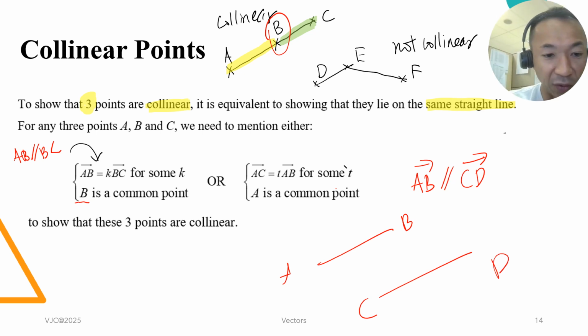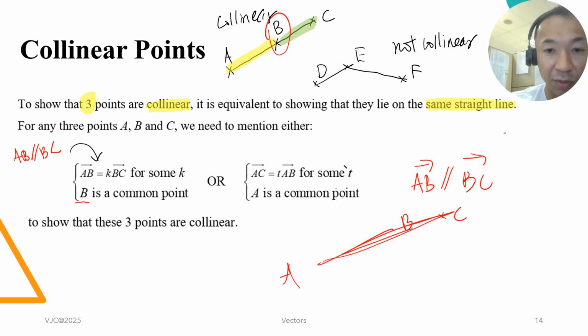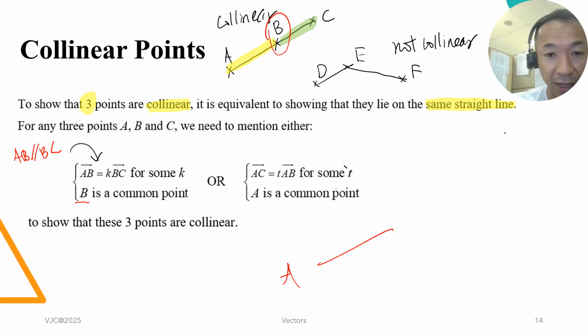But in this case, if AB is parallel to BC, then there is a point B in common and they are parallel, so ABC lie on the same straight line. So the point about having to add this common point is important.